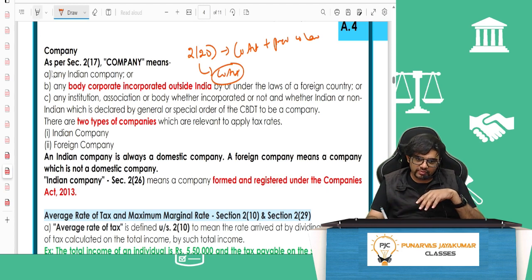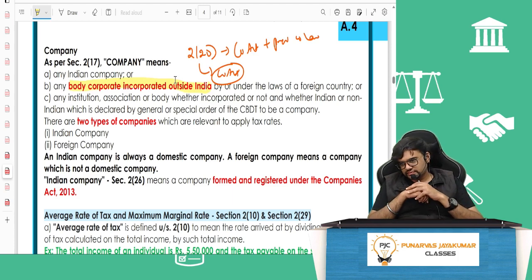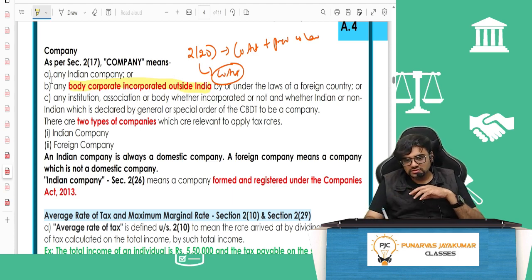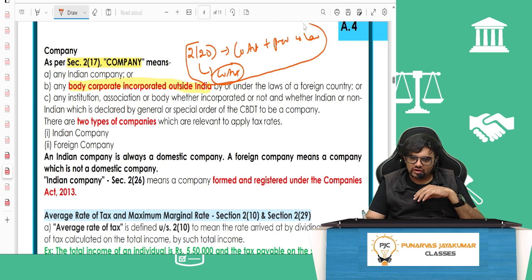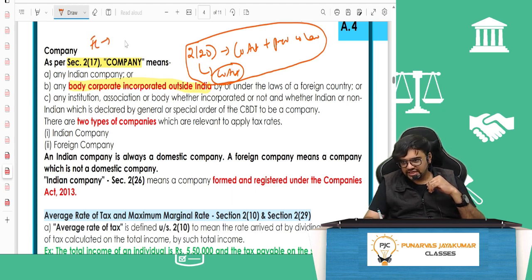Even a body corporate incorporated outside India is also a company as per the Income Tax definition. In the Indian Companies Act definition, a company is only one incorporated under the Companies Act. Can foreign companies be incorporated under the Companies Act? No. So foreign companies under the Companies Act will come under the definition of body corporate.